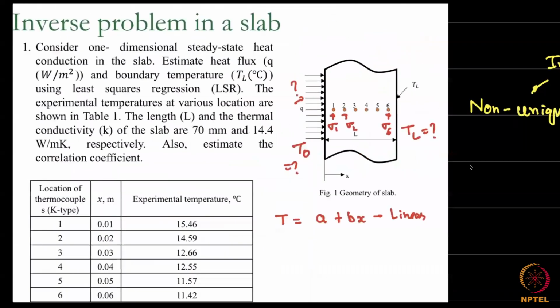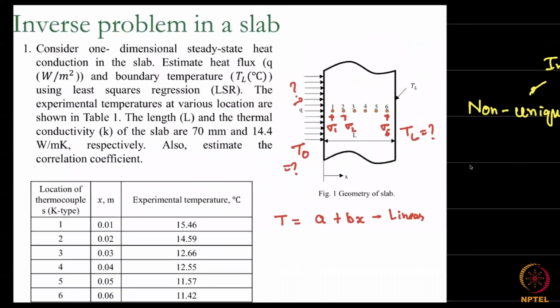This here is Y, this is X, for example X1, X2, X3, Y1, Y2, Y3. Y, remember, is the truth or the experimental temperature. Corresponding to this, we should have a Y hat. We'll see the actual values in the next video.